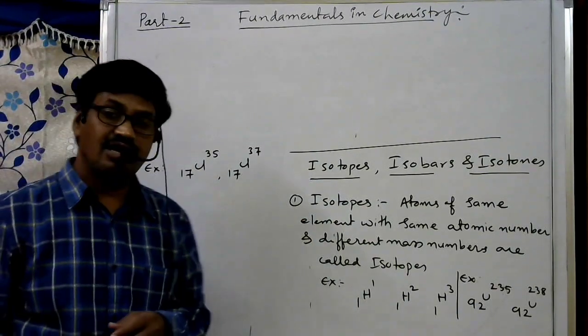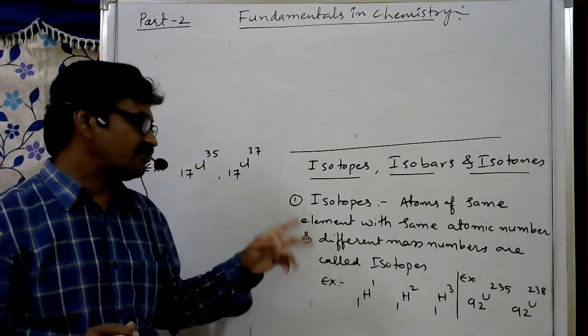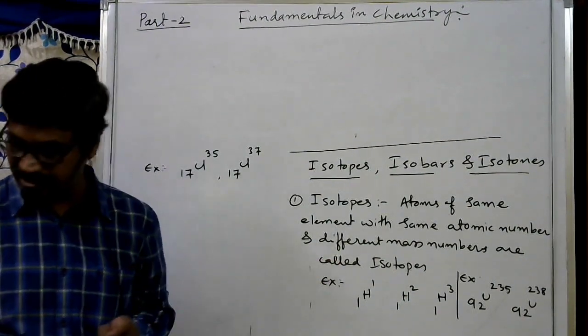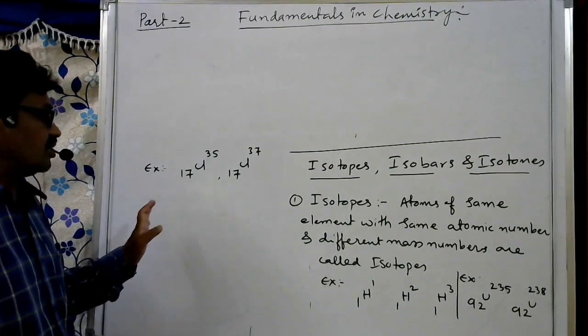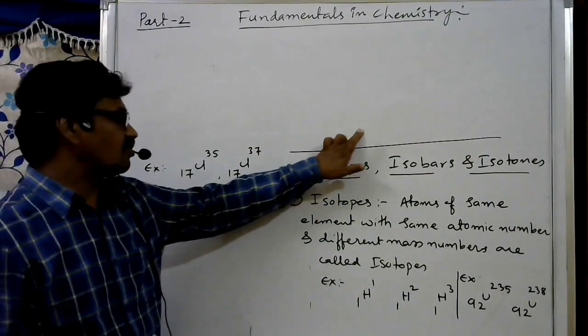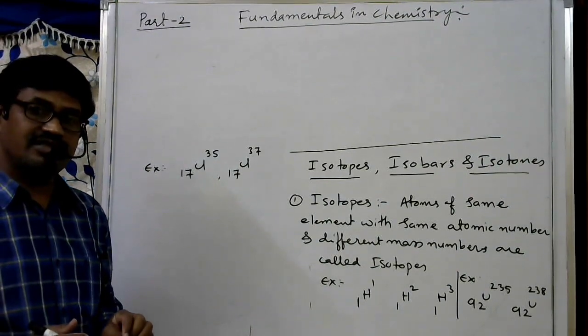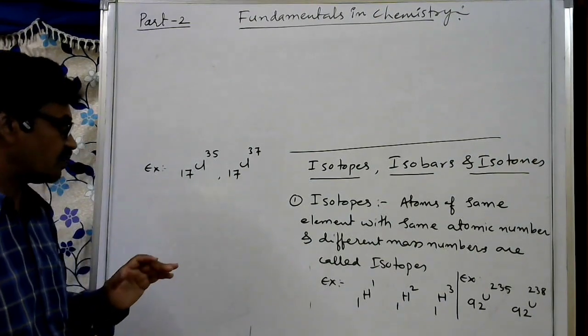Isotopes are atoms of the same element with the same atomic number and different mass numbers. In these we again have to find the number of electrons, number of protons, mass number and number of neutrons. Based on that we can write some properties.